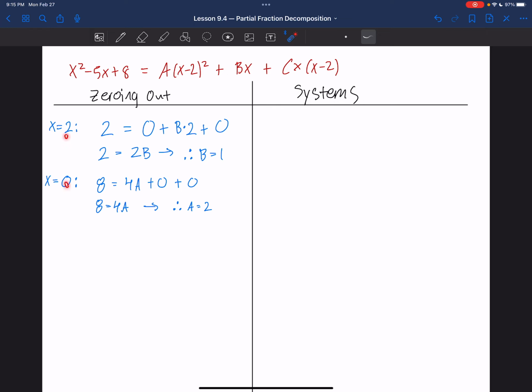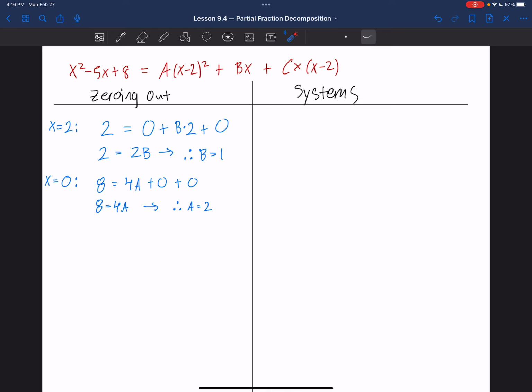Both those options cancel out c, so you're stuck. So you say, well, Mr. Spake, how do I continue this? Well, at this point you could revert to systems. You could substitute a and b and then expand and use systems. Or pick another value for x. Because you found a and b, you now know those values.